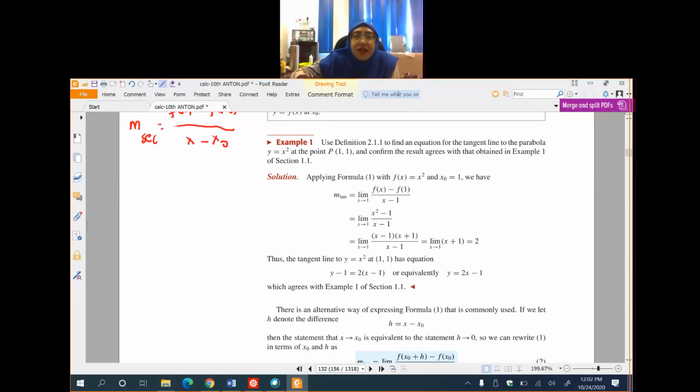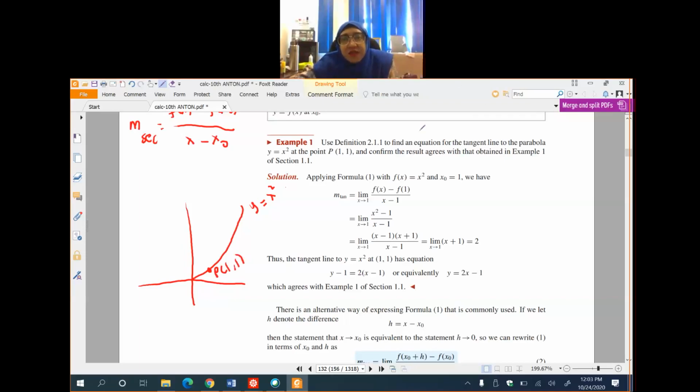In this example, we have a parabola, which is a quadratic function, so y is equal to x squared, at a point P(1,1). So x naught is equal to 1 and f of x naught is also equal to 1.